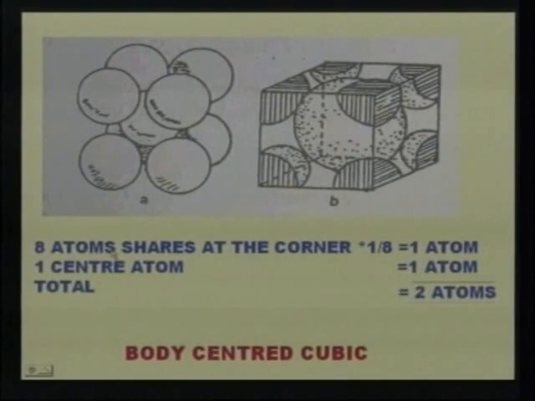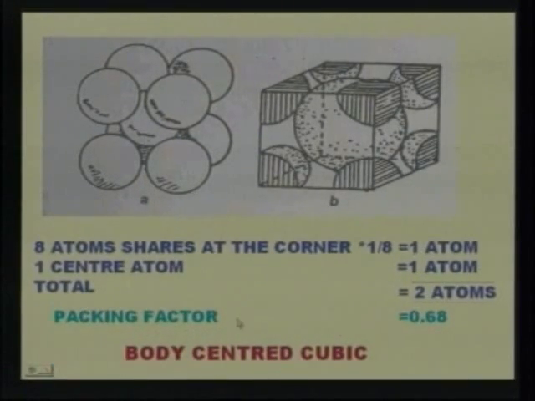Therefore 8 atoms share at the corner. Therefore 8 atoms into 1/8 is equal to 1 atom, and there is one center atom, which is also equal to 1 atom. Now total effective atoms arranged in body centered cubic is 2 atoms. Now packing factor of the body centered cubic is 0.68.